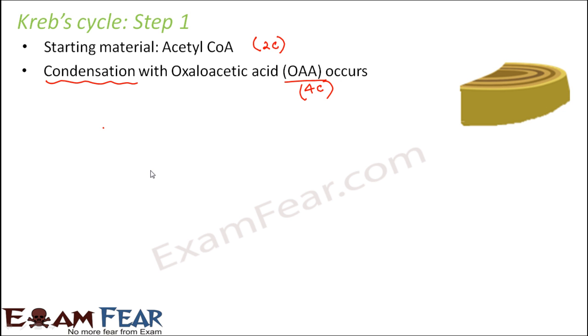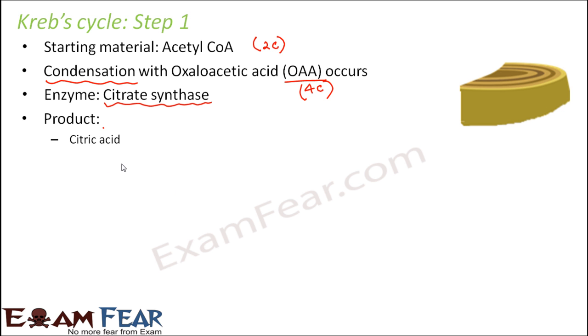So what is that 6-carbon compound? Let us quickly see. The 6-carbon compound is going to be citric acid, and the enzyme which plays a role in this condensation is citrate synthase. So the product is citric acid. This is how it will take place.